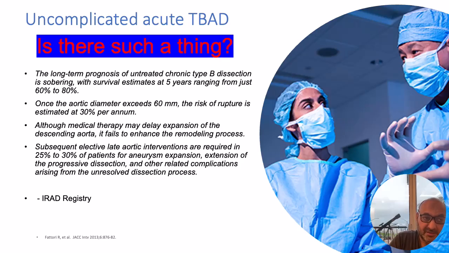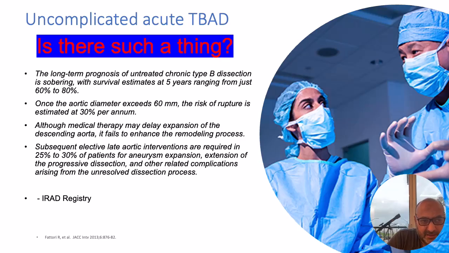So not mortality, survival rate. I'm sorry, let me back this up. There's only 60 to 80% survivability after treating uncomplicated type B dissection medically. So that means only 60 to 80% of people survive, so mortality would be 20 to 40%, which is a sobering number.